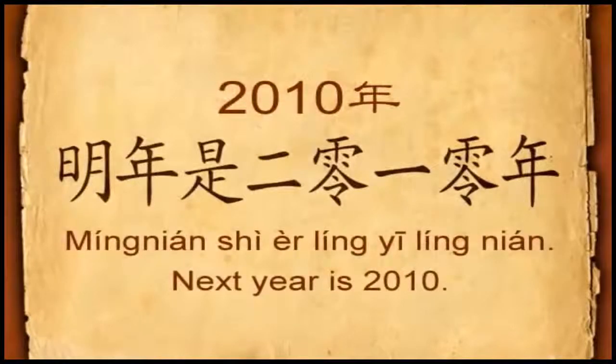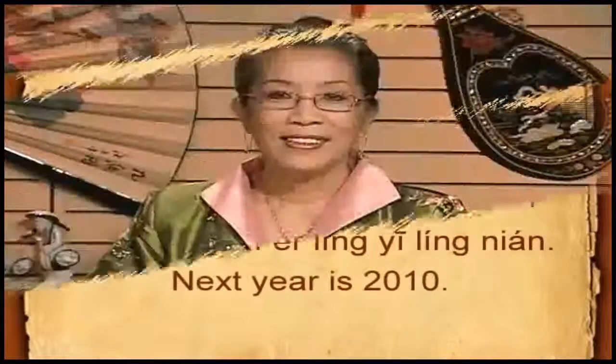Here's the year 2010. To tell someone next year is 2010, you would say 明年是2010年. Say this sentence with me. 明年是2010年. Next year is 2010.